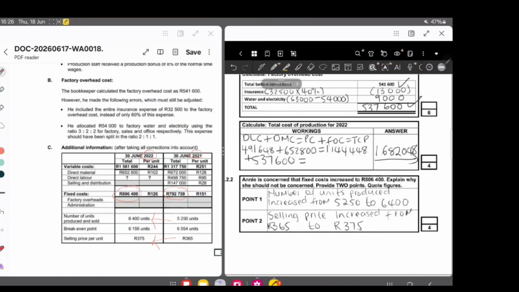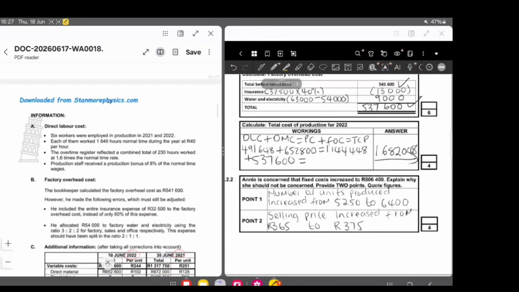That's how you quote it, because if the selling price per unit increased, then it means the sales also increased, right? Also, if the number of units produced and sold also increased, then it makes sense for the fixed cost to be higher. Remember, your fixed cost, you're talking about your water and electricity, your rent, your insurance, and all that, because it's factory overhead and administration. So it means that it was all for a good cause.